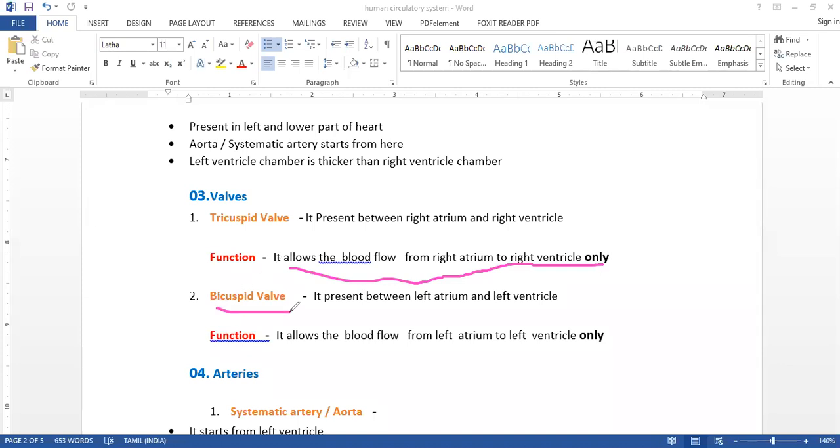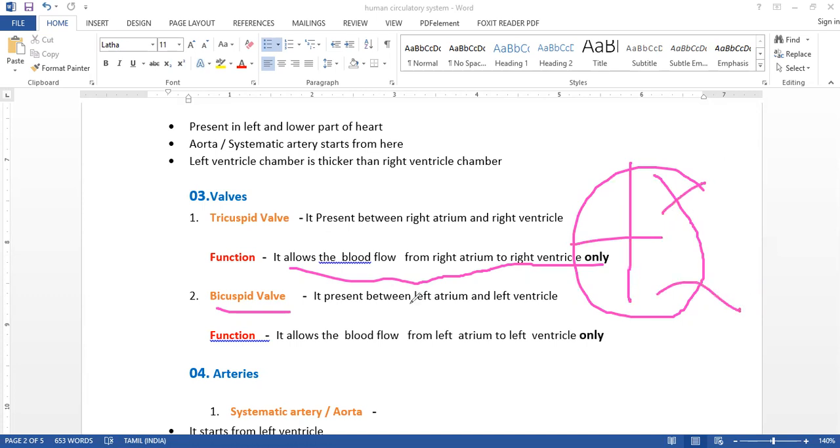And the bicuspid valve is also present between the left atrium and the left ventricle. Between the left atrium and left ventricle there is a valve, and that is called the bicuspid valve. And the function is what? It allows the blood flow from left atrium to left ventricle.